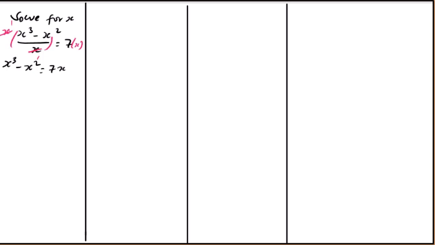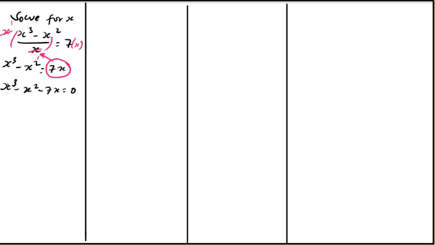Now bring 7x, the whole of this one, to this side, so that we have x cubed minus x squared minus 7x equals 0.